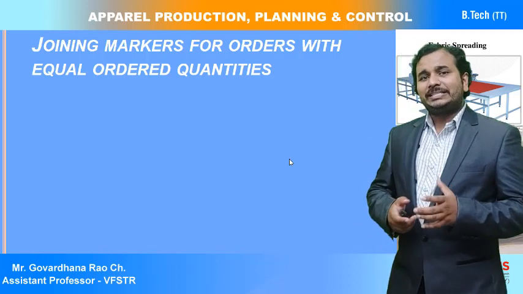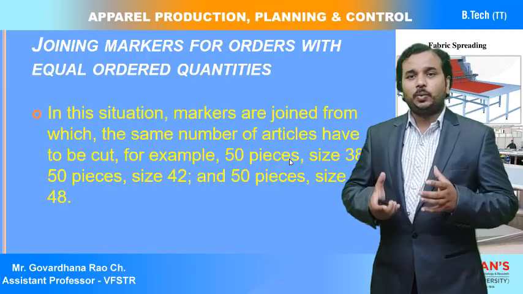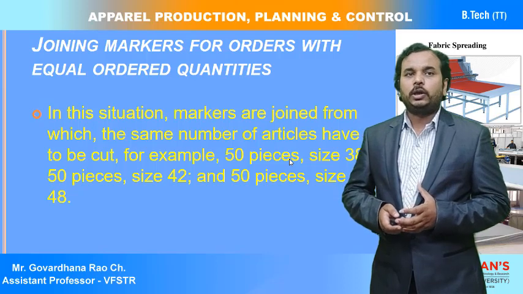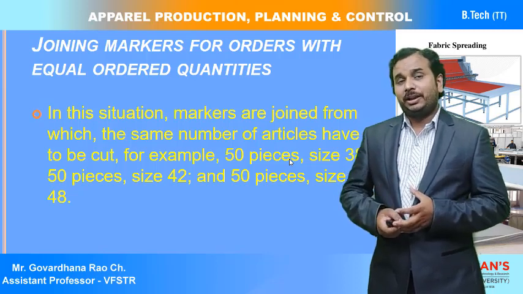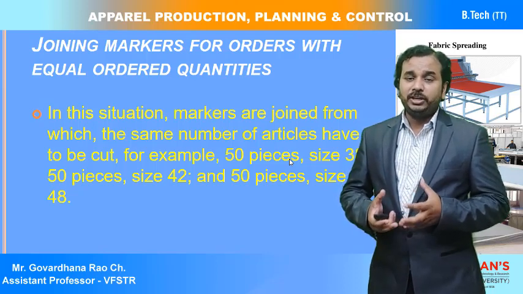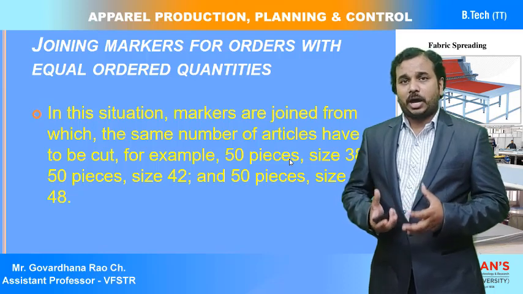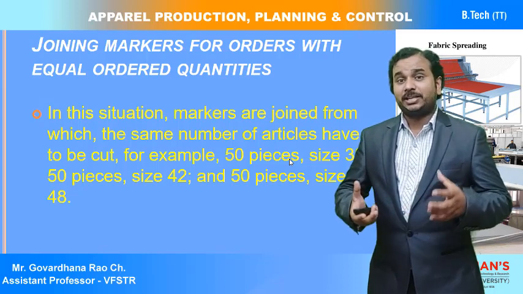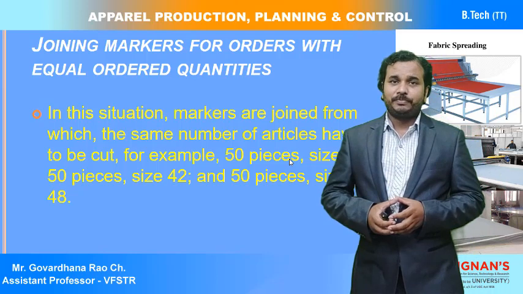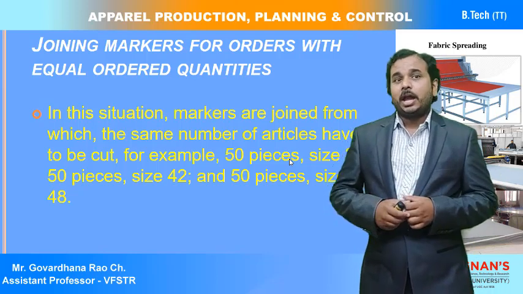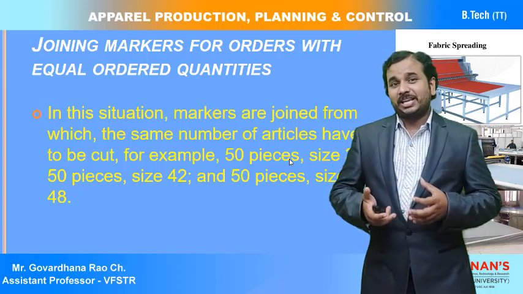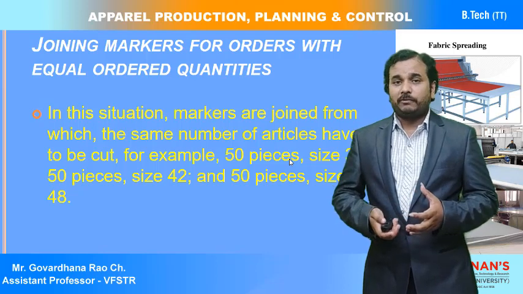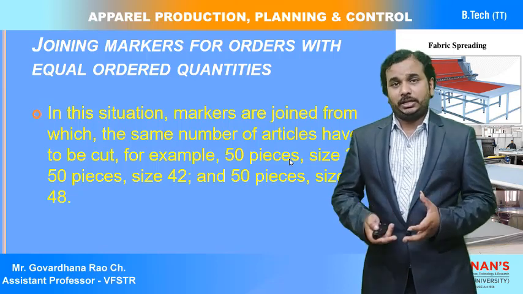So what exactly are these equal quantities of an order? In this situation, markers are joined from which the same number of articles have to be cut. For example, 50 pieces of size 38, 50 pieces of size 42, and 50 pieces of size 48.